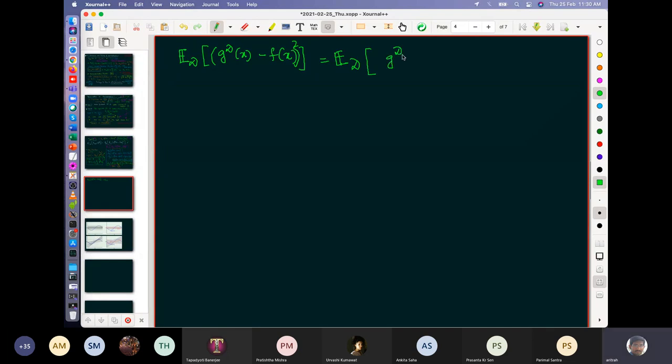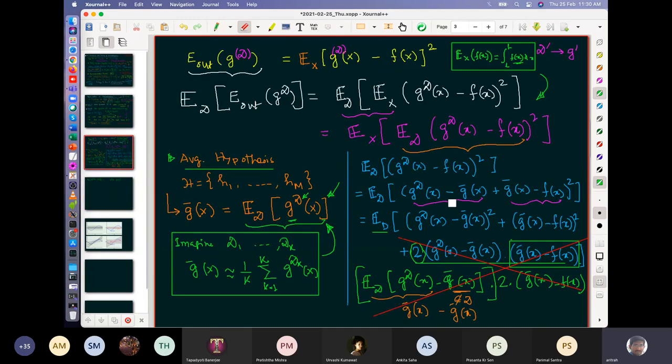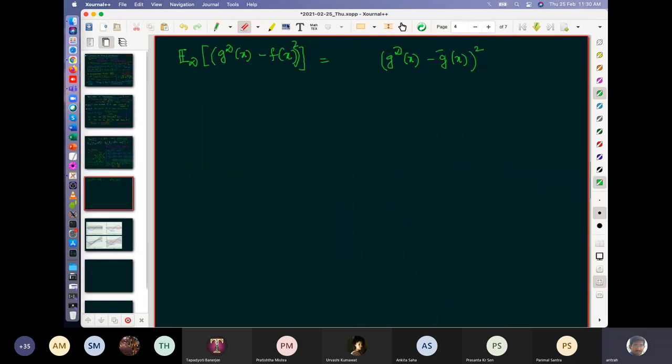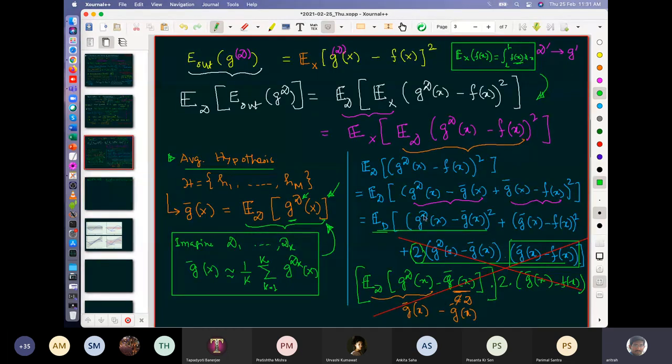One is this minus g bar x squared, where there is D. The next term will not have D. This is what we get because this term has D inside it, so we need to keep it.